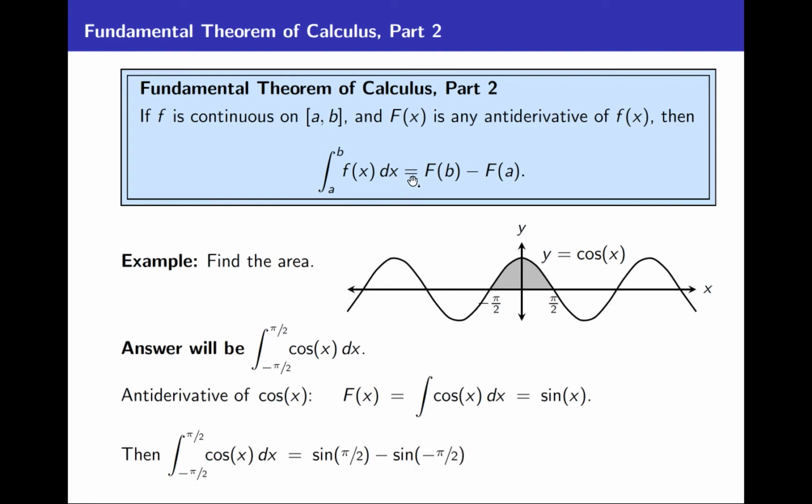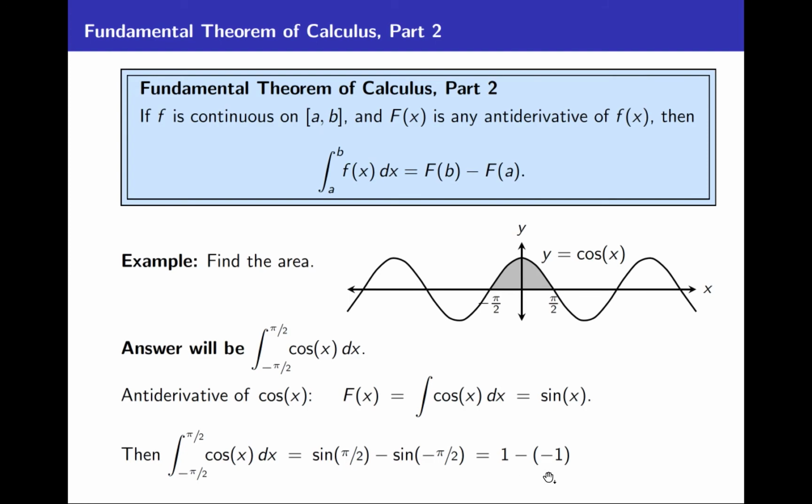Now applying the Fundamental Theorem of Calculus Part 2, we get the integral from negative pi over 2 to pi over 2 of cosine x dx equals big F of pi over 2, or sine of pi over 2, minus big F of negative pi over 2, or minus sine of negative pi over 2. Sine of pi over 2 is 1. Sine of negative pi over 2 is minus 1.